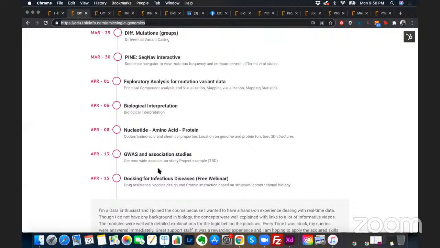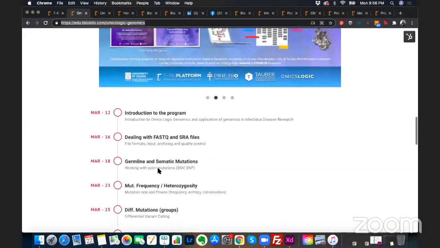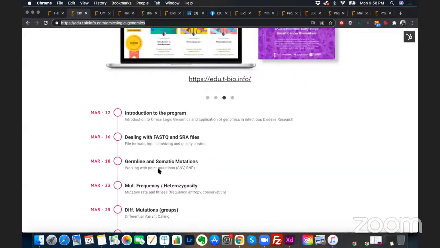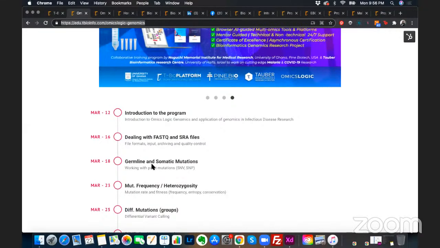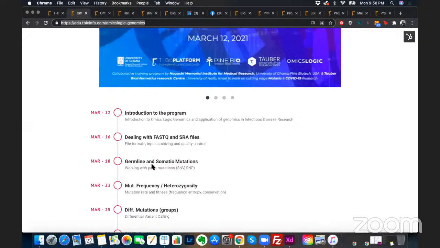So here you can find the different syllabus for the program. You can see the different dates and the different topics that will be covered on each of these dates. So you can definitely join this program.